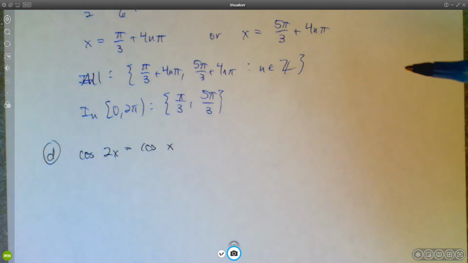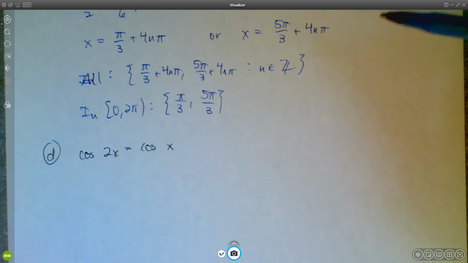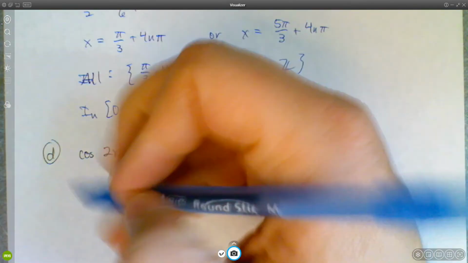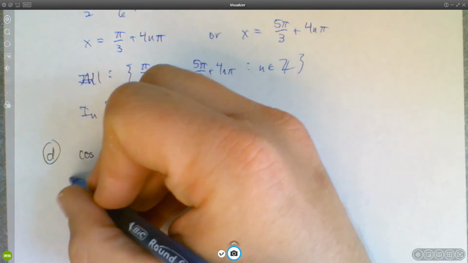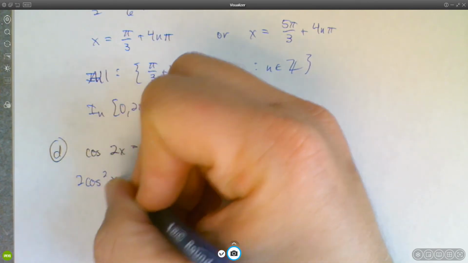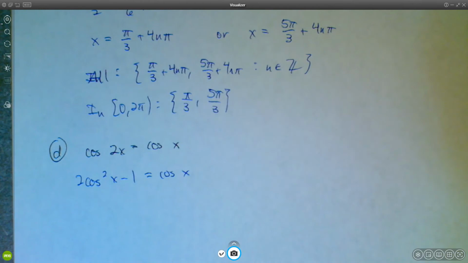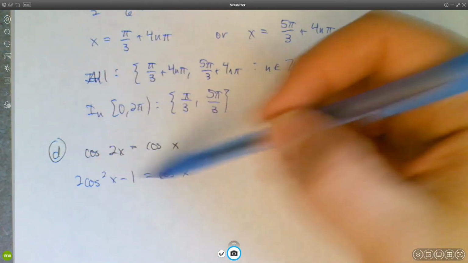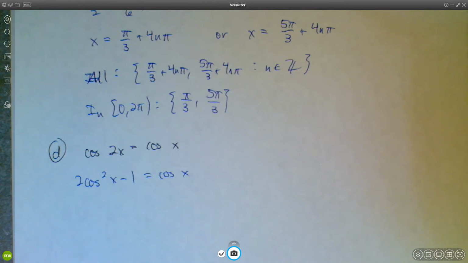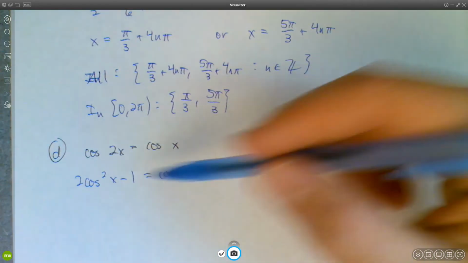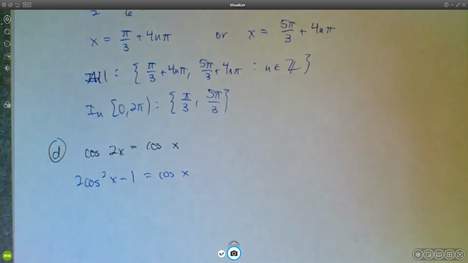Okay, so the double angle identity I'm going to use for cosine 2x is 2 cosine squared x minus 1. And the reason that I'm using that one instead of the 1 minus 2 sine squared x is that then you're going to have mismatched trig functions, right? Or even worse, if you had cosine squared minus sine squared, you'd have mismatched trig functions.